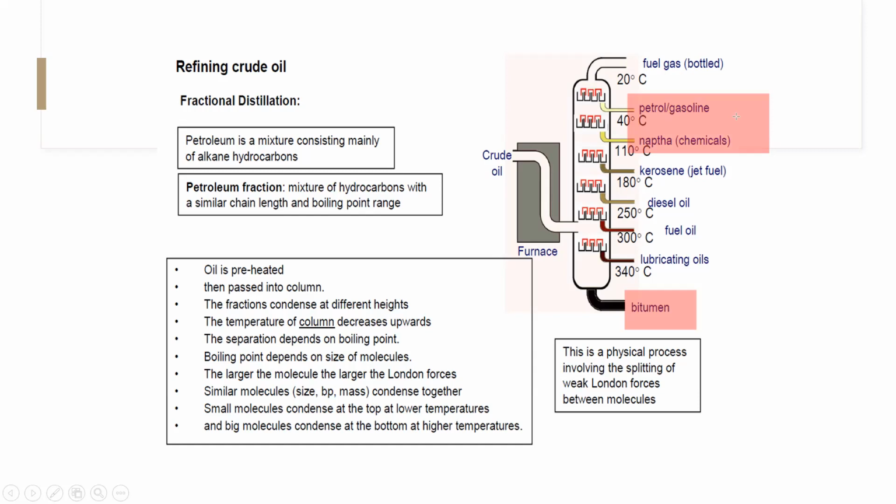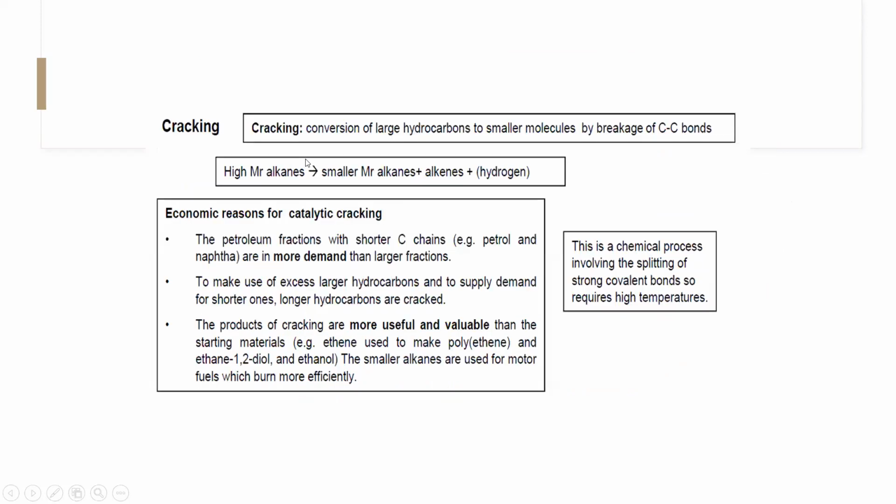So we can break the heavy large molecules into lighter ones, and we call this process cracking. Because the demand for lighter fractions is more, that's why we carry out cracking. And to make use of large hydrocarbons, the supply and the demand for short ones should be balanced.